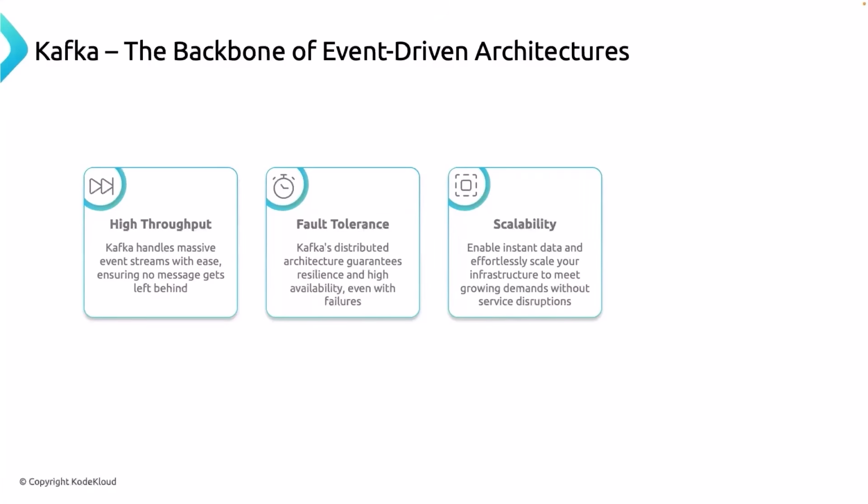Kafka enables data streams to effortlessly scale to meet growing demands without service disruption. As your system grows, Kafka grows with it, maintaining performance and keeping everything running seamlessly. It is the perfect solution for evolving needs.